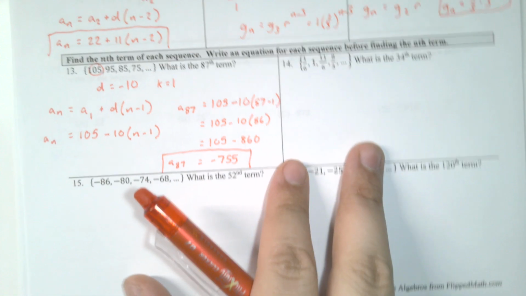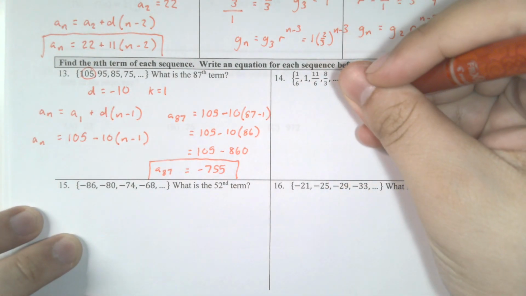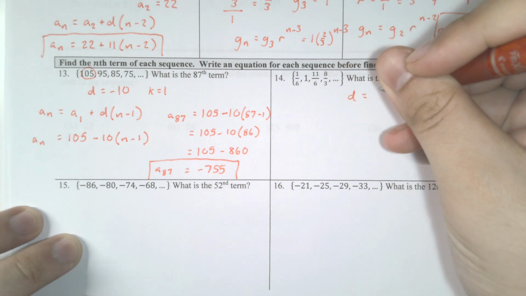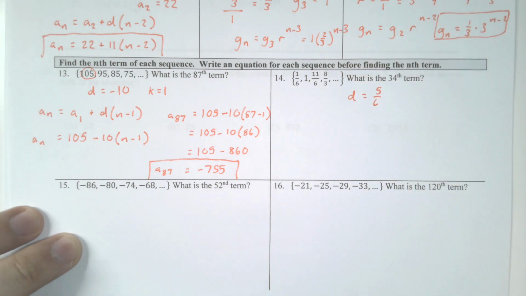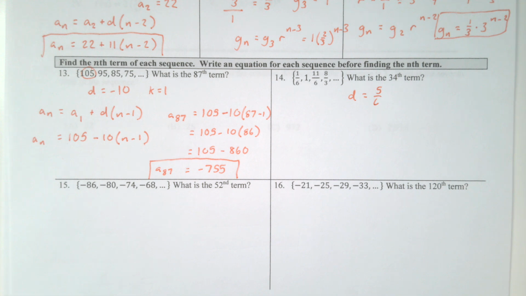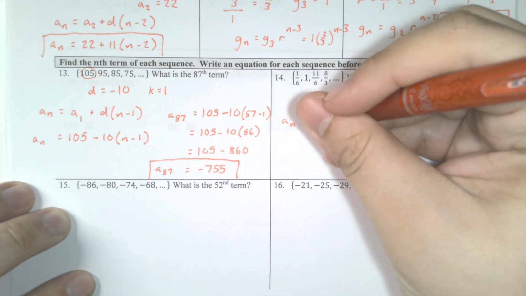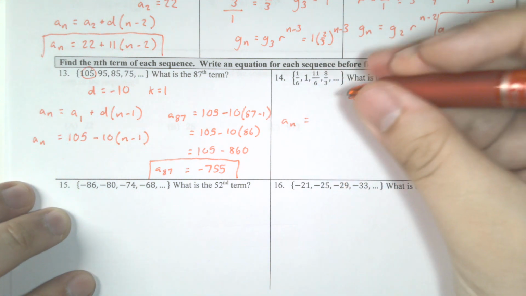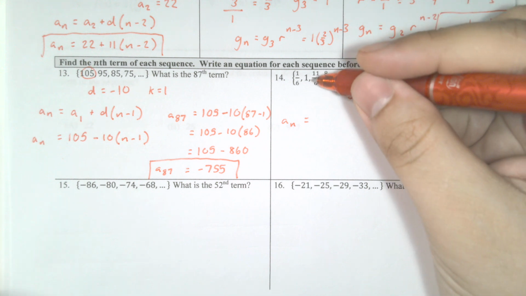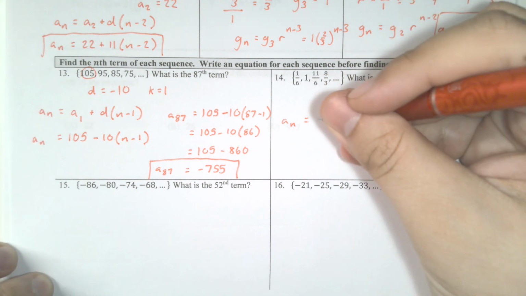So, our common difference here is 5 over 6. And now we want to figure out what is the 34th term. So, a sub n is equal to, let's use the second term. That one might be nice.